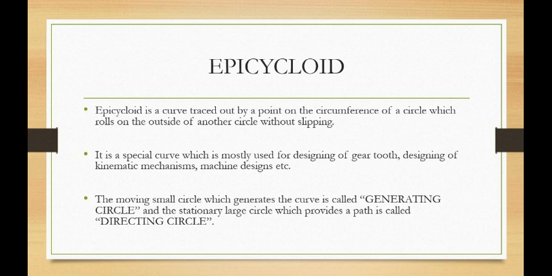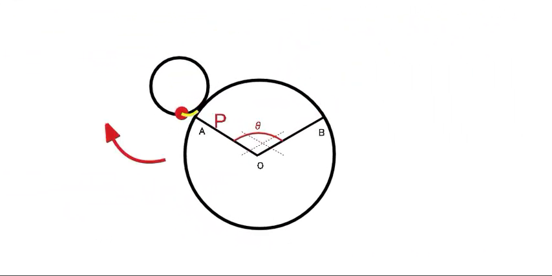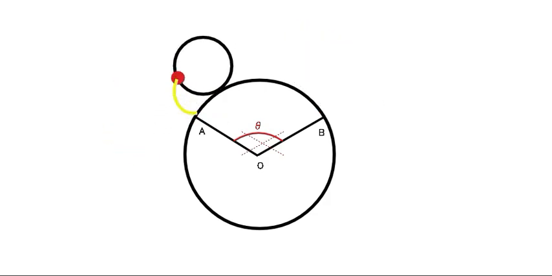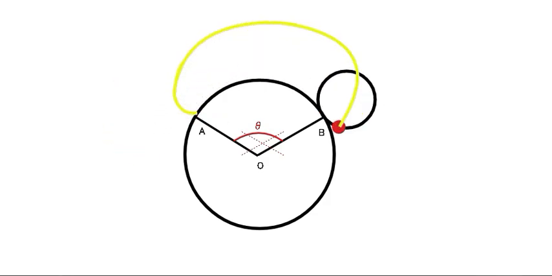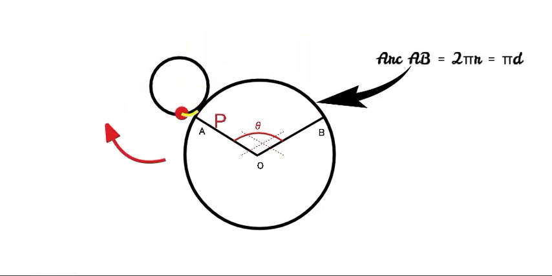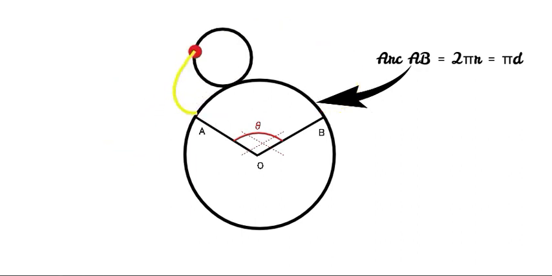So a larger circle is called the directing circle and the smaller circle is called the generating circle. When the generating circle is rolling on the outside circumference of the directing circle, in one rotation of the generating circle it displaces a distance of pi d or 2 pi r.